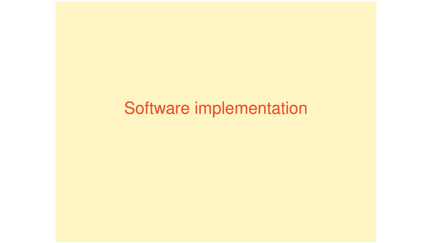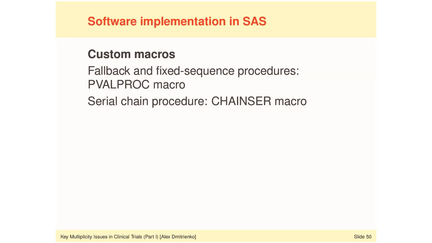Software implementation section. And now we are ready to talk about software implementation of the stepwise procedures with a pre-specified testing sequence, specifically the fixed sequence, fallback, and general chain procedures.